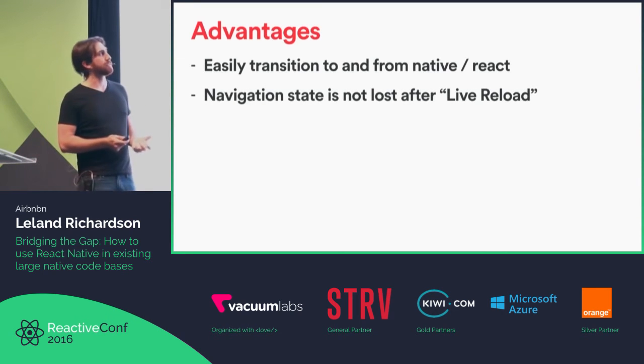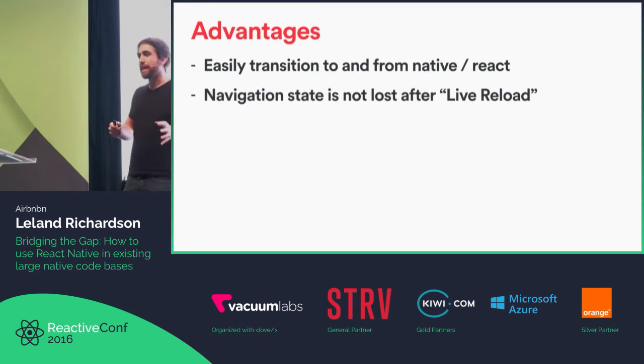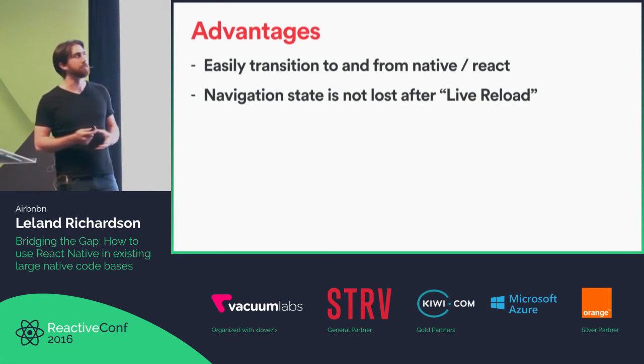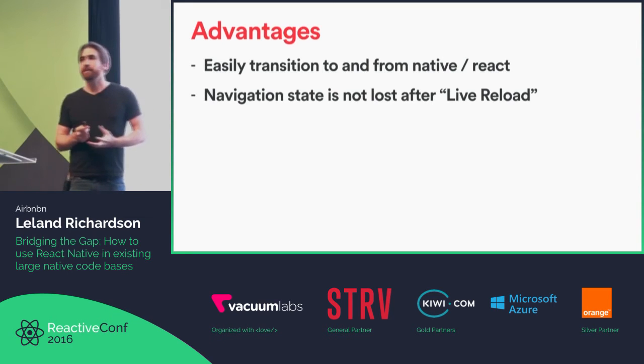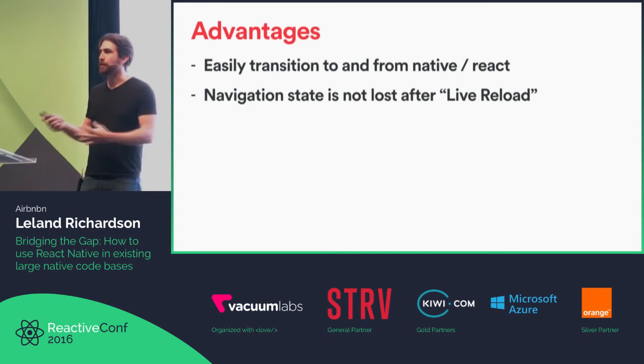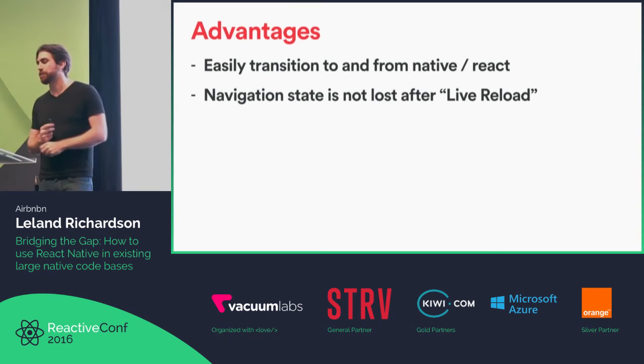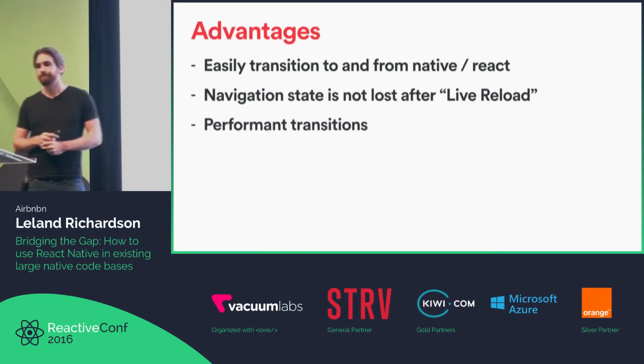An interesting side effect of this is that we can navigate deeply into our app and use React Native's live reload, and our navigation state isn't lost. We're actually just refreshing the JavaScript runtime, but the navigation state lives natively. So we end up just refreshing that page, and that provides a much better developer experience.